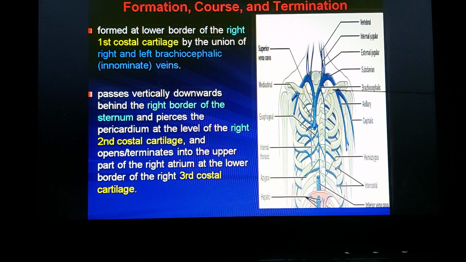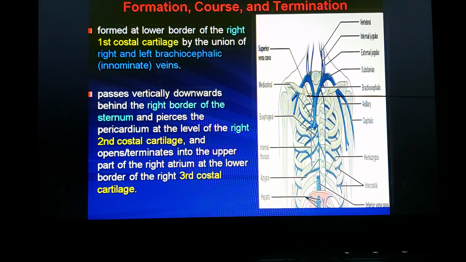Here we can see the right and left brachiocephalic veins together forming the superior vena cava. That is the formation at the first costal cartilage.